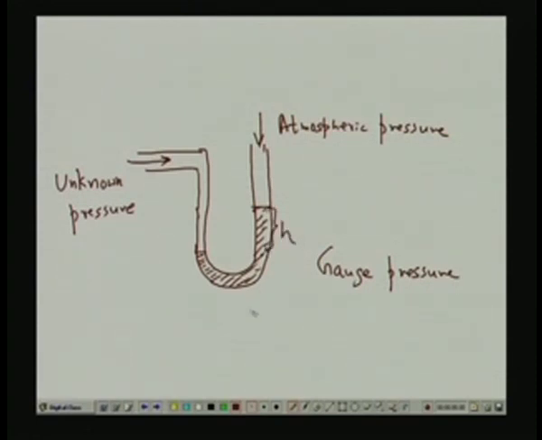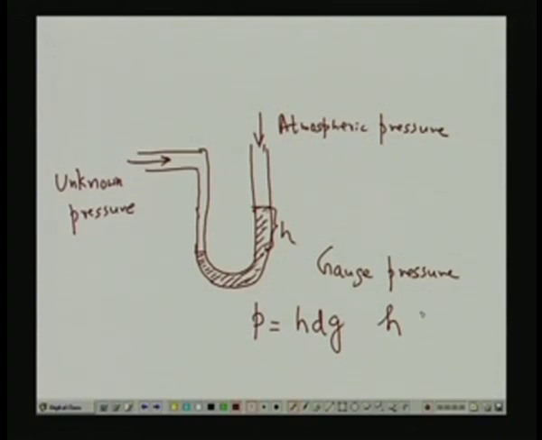Then the gauge pressure P will be equal to h d g, where h is the difference in height of the columns of the U-tube, in meters, d is the density of the manometric liquid, in kg per meter cube, and g is the acceleration due to gravity, in meter per second square. If you use all these units, the pressure will come in Newton per meter square.